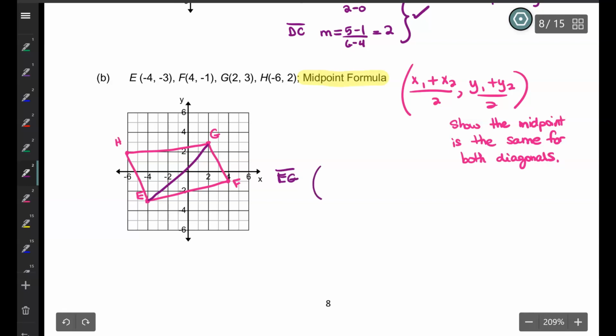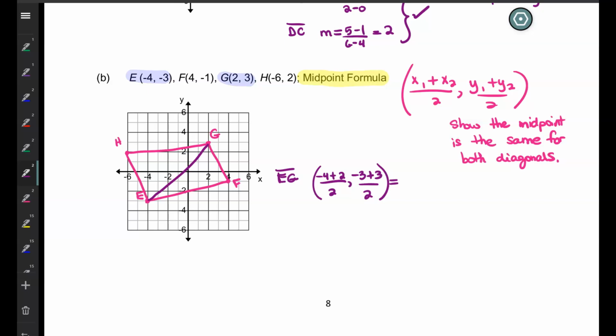Let's find the midpoint of EG. So I'm focusing on this point and this point. So I have -4 plus 2 over 2 and -3 plus 3 over 2. Okay, so that's going to be -2 over 2, so that's (-1, 0).